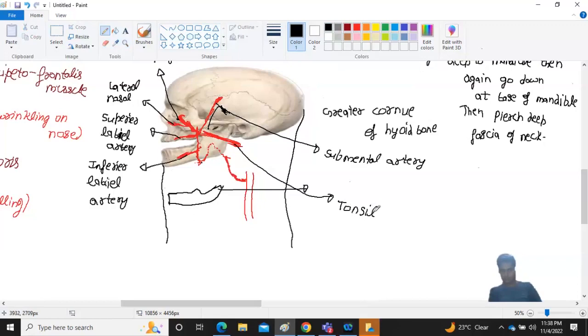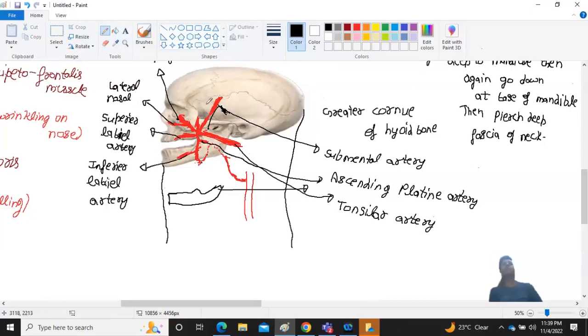Another branch of this is called the ascending palatine artery.